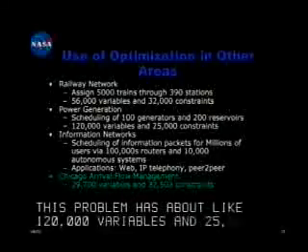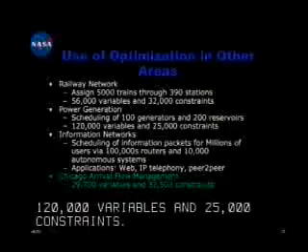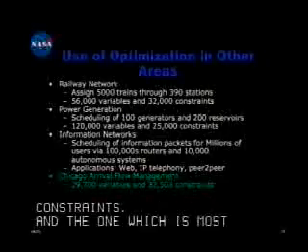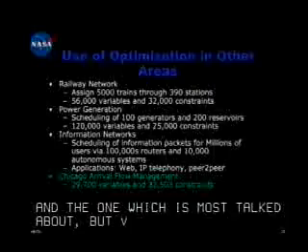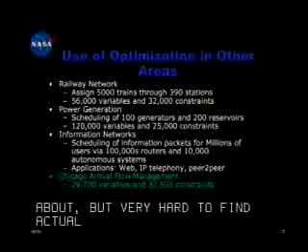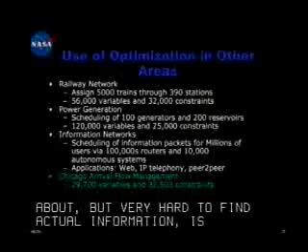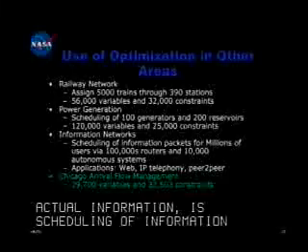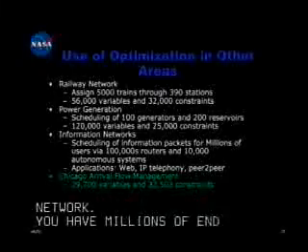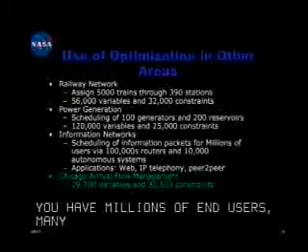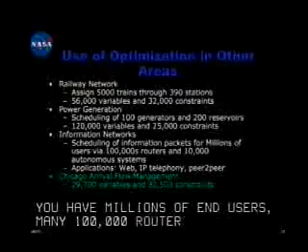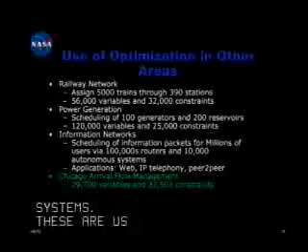And the one which is most talked about, but very hard to find actual information, is scheduling of information networks. You have millions of end users, maybe 100,000 routers, 10,000 autonomous systems. These are used in various applications, web, peer-to-peer networks.